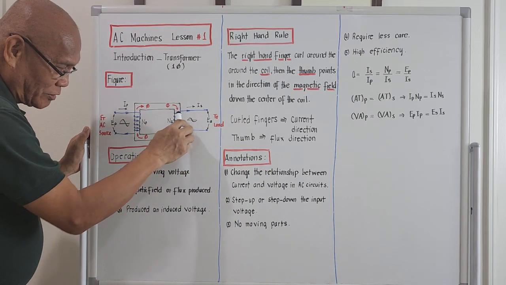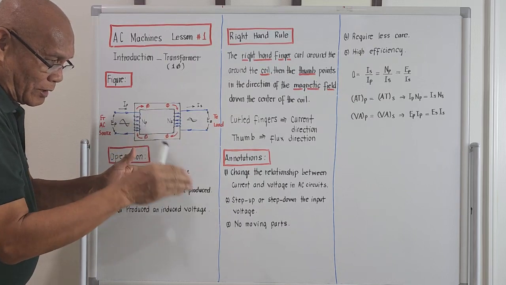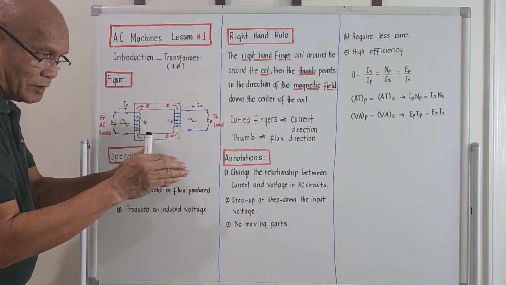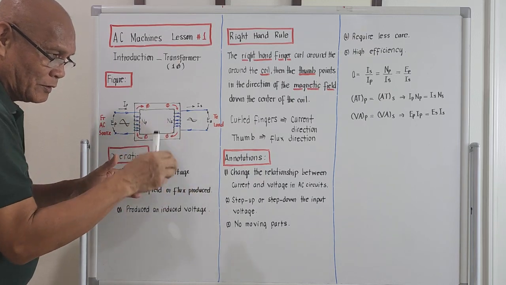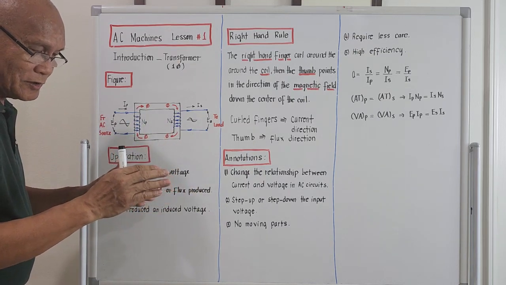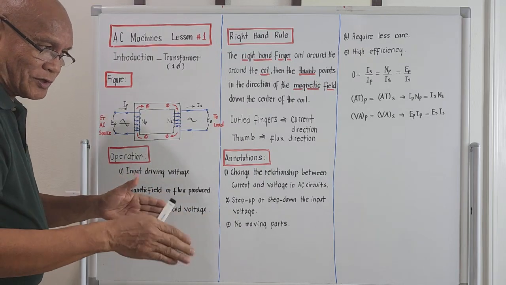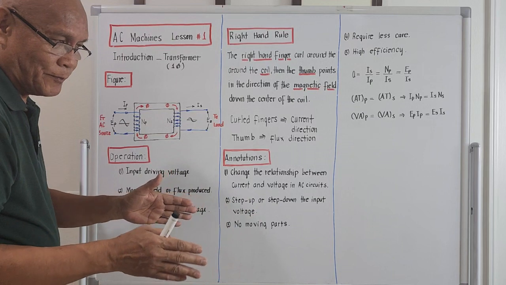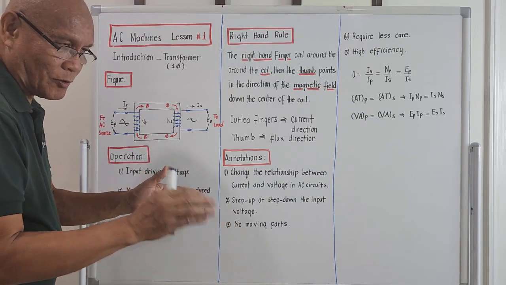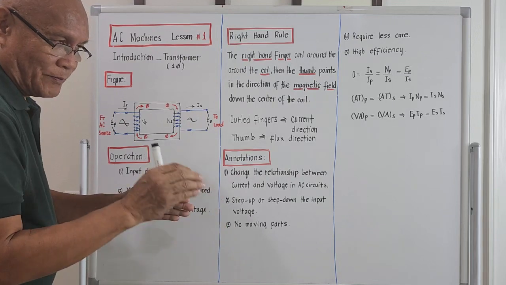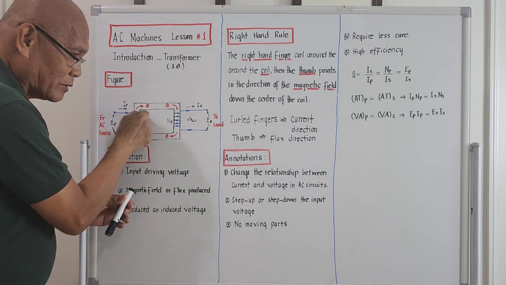So take note of the direction, because later on we will be using the current direction for us to know the direction of the magnetic flux produced by the current passing through the coil. Okay, so this is a little bit of a study of physics. We will be using the so-called Lenz's law over here, and how to determine the direction of the flux or magnetic field produced by a current passing through a coil wound on an iron core.